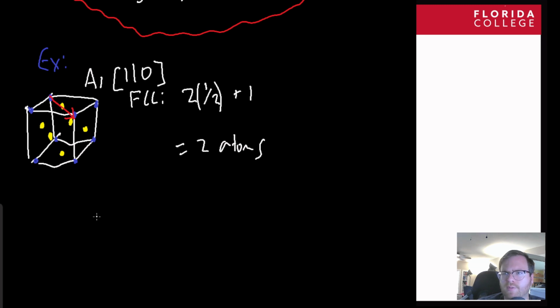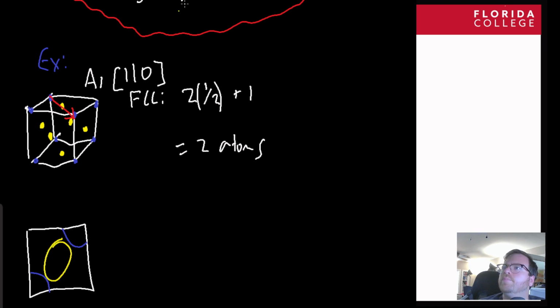If I were to draw this real quick from a side angle so we could see it, using our actual atomic density graph, it'll look something like this, with our red arrow going through it.